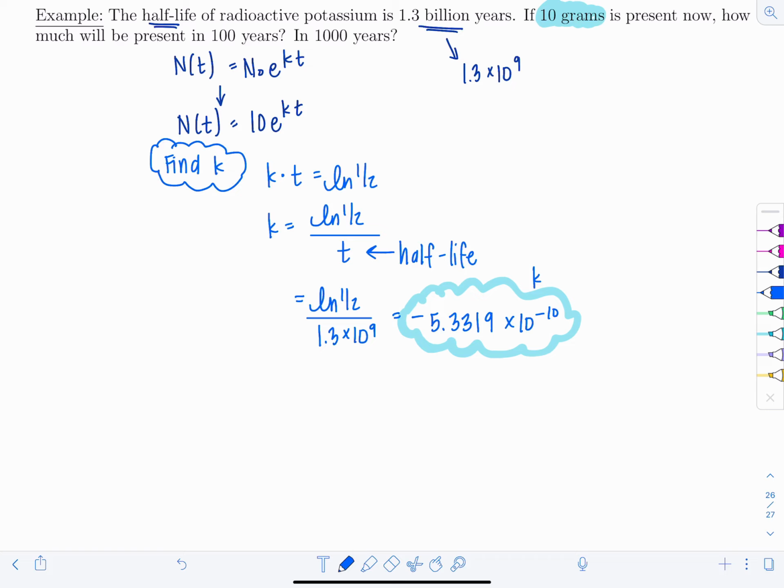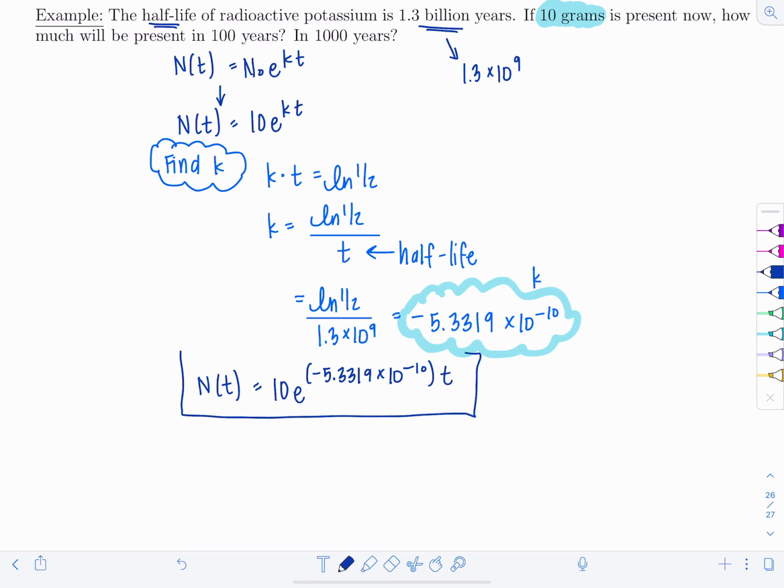Okay, so let's put it back in the model. So we have n of t equals 10 times e to the negative 5.3319 times 10 to the negative 10th times t. Okay, this is what we're working with. Now, let's see what the problem's asking us for.